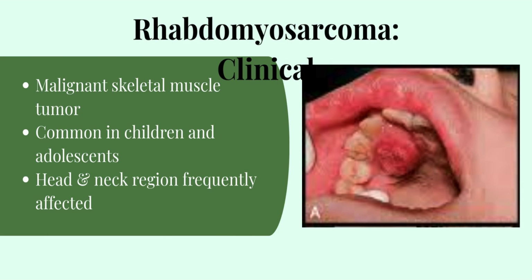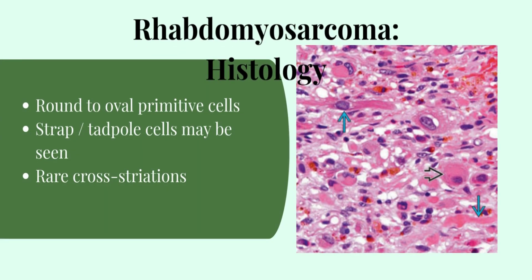Rhabdomyosarcoma is a malignant tumor of skeletal muscle origin, commonly seen in children and adolescents. In the head and neck region, it can occur in soft tissues, orbit, or any mucosa. Although often classified as a round cell tumor, rhabdomyosarcoma may show cells that are strap-shaped or tadpole-shaped, reflecting muscle differentiation.